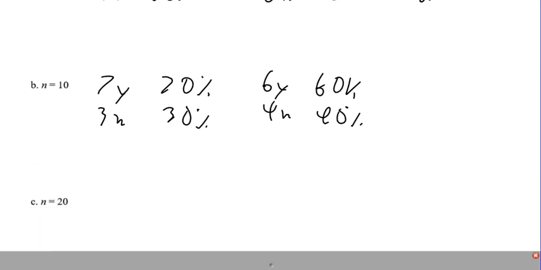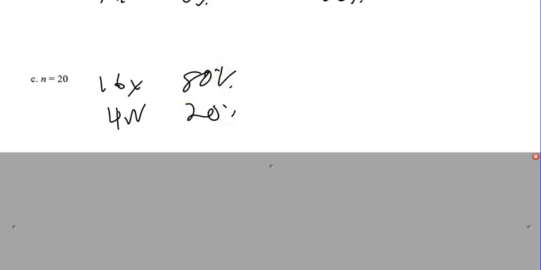Now, going up to 20. Let's say we had 16 yeses and 4 nos. Okay, well, 16 divided by 20, that's your 80% right there. So what happens is basically, as you increase the sample size, you're getting closer to the true representation of what happened.